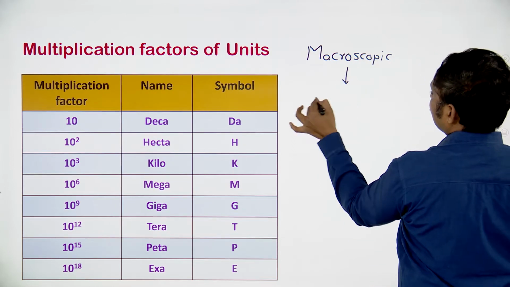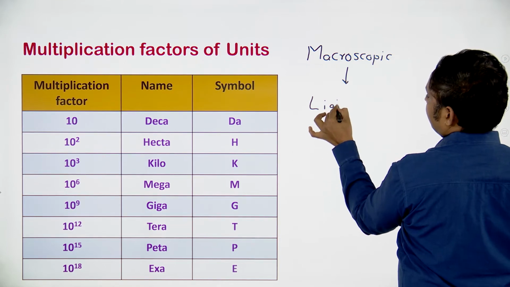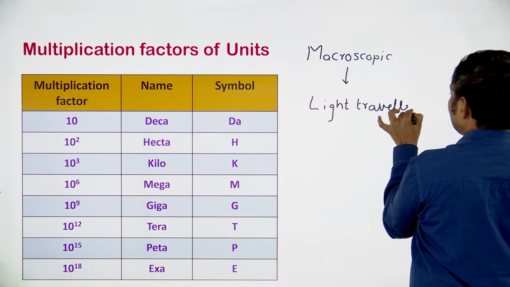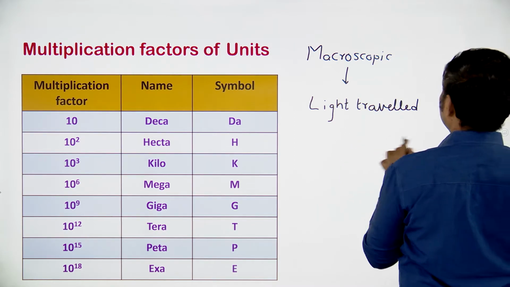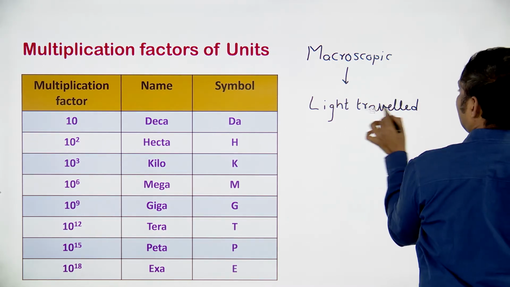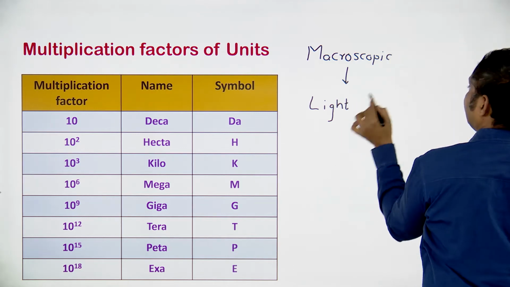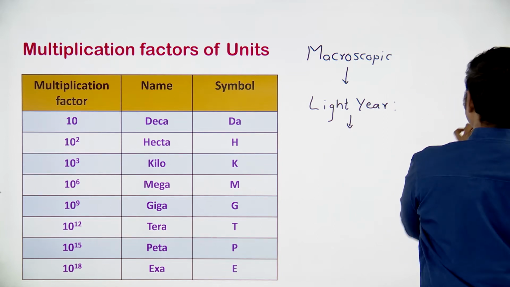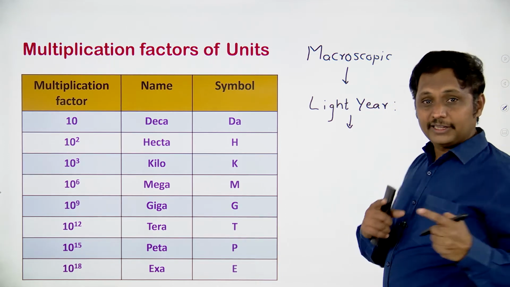Suppose you are going to take the distance light traveled, we would like to go for the light year. So you have to confirm the distance traveled by light in 1 year.